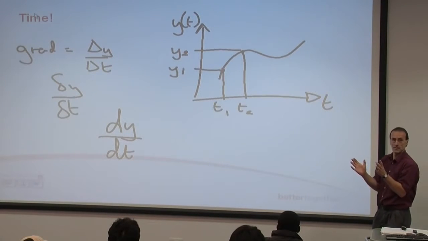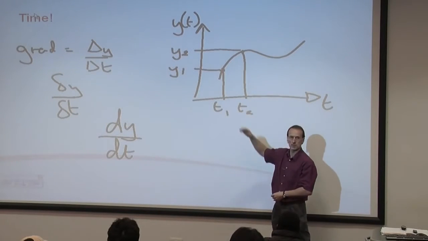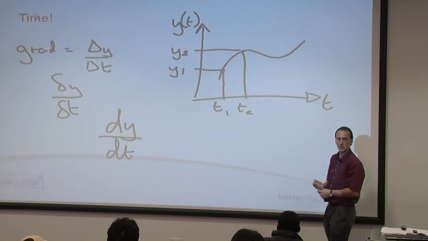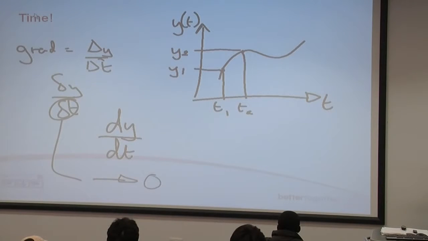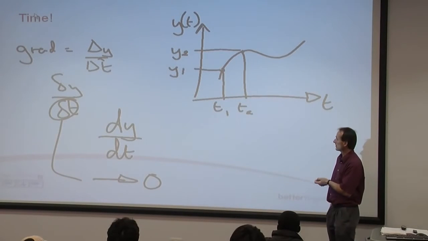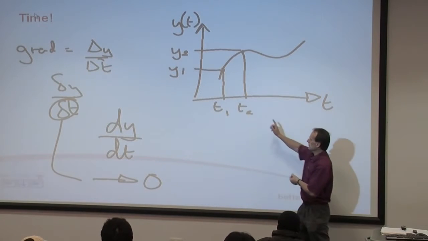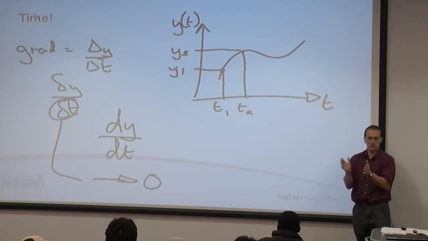Yeah, it tends towards 0. So what turns this from an average gradient calculation into an actual differential is that delta t has to tend towards 0. Does that make sense? T2 and T1 come together to be effectively the same place, and that's what makes it a true differential.